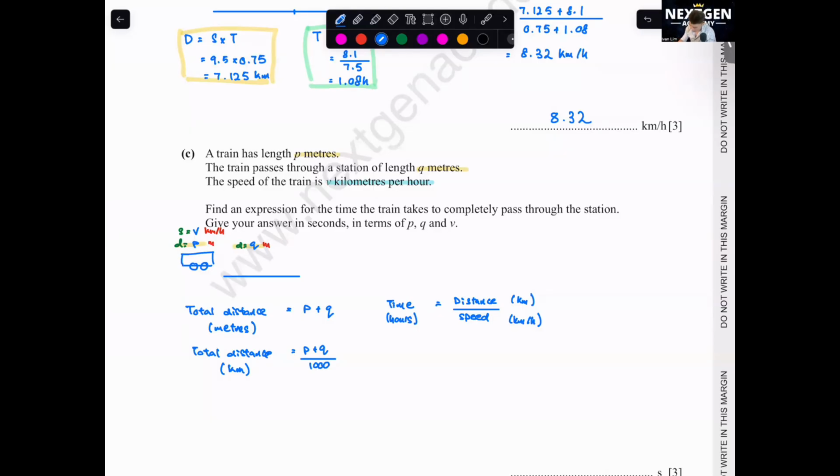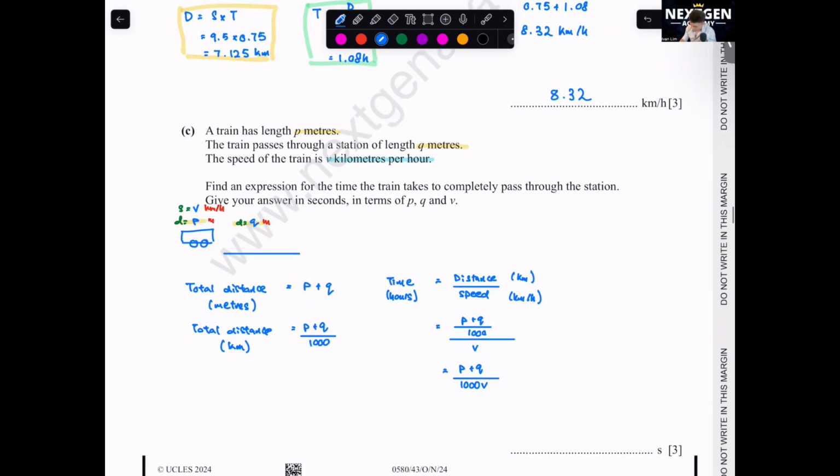So distance, P plus Q over 1000, divided by the speed, which is V. So here will be P plus Q over 1000V. Understand this hours one first? Time in hours.